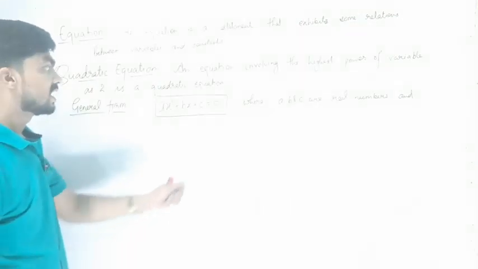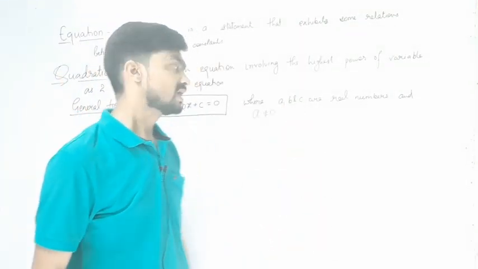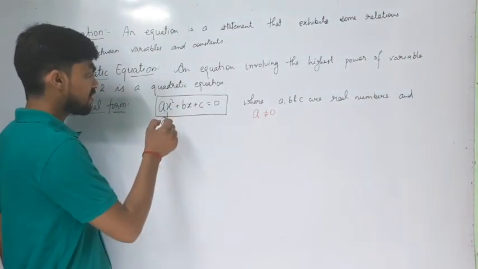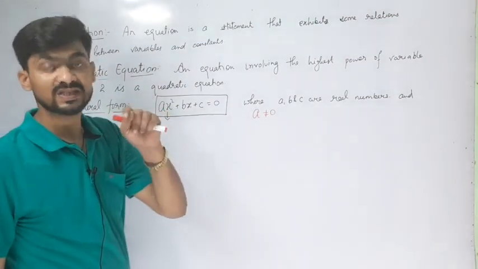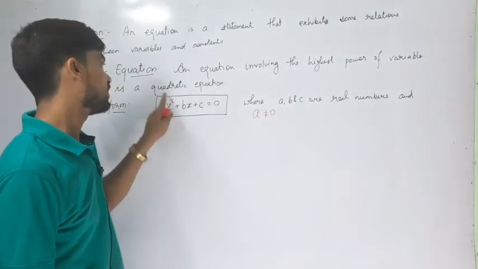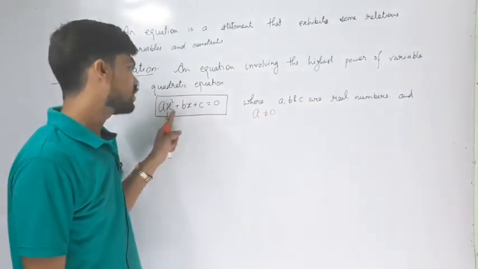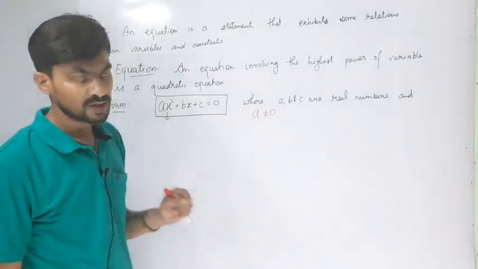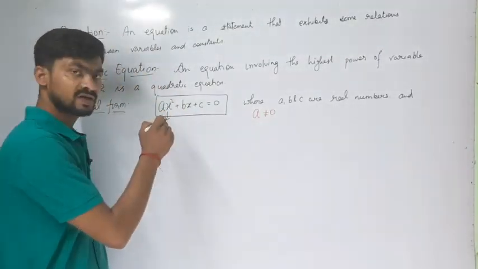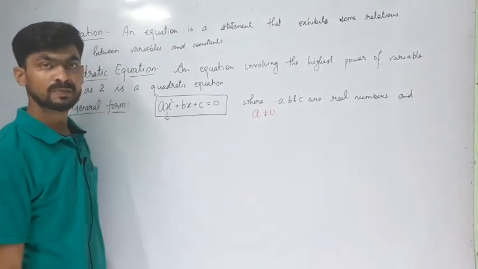What is that? A must not be 0 means if the highest power coefficient will be 0, it means the whole term will be 0. It means it will no longer be a quadratic equation. So in order to make it quadratic equation, a must be non-zero.